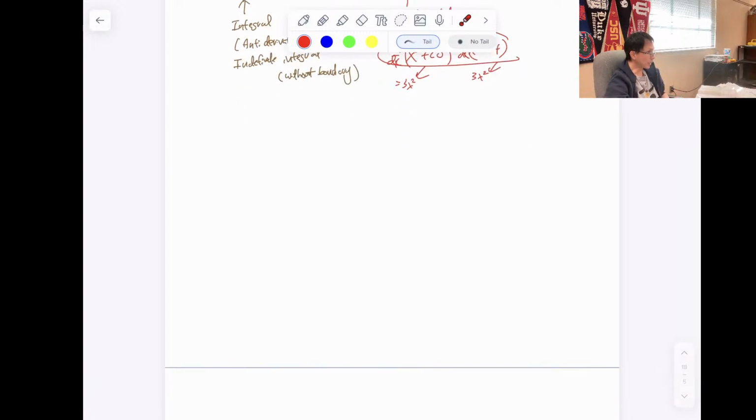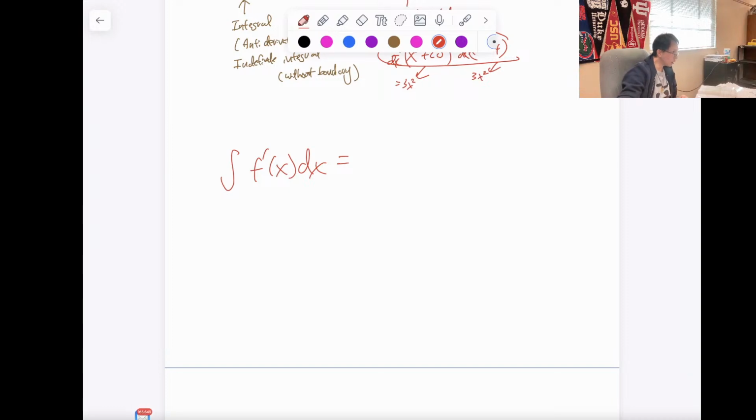Let's talk about a couple of things. First of all, the basic integration rule. If I have the integration of f prime of x dx, that's going to be f of x plus c, right?